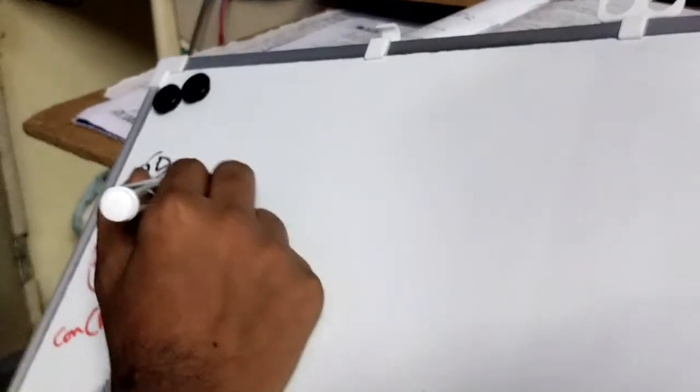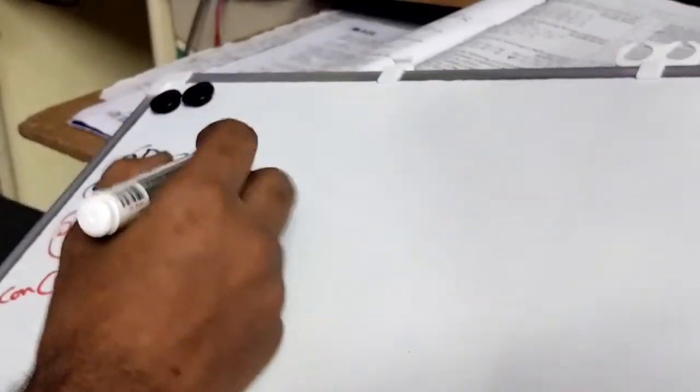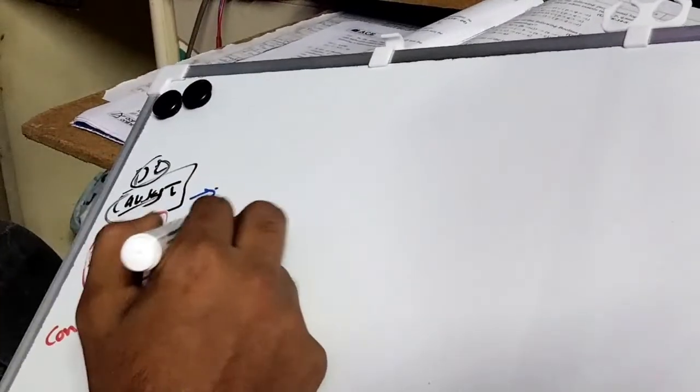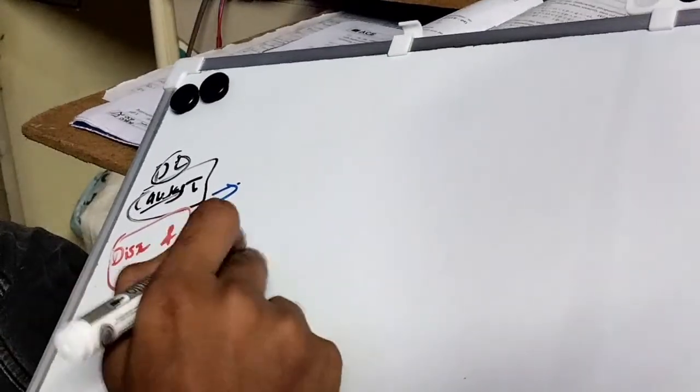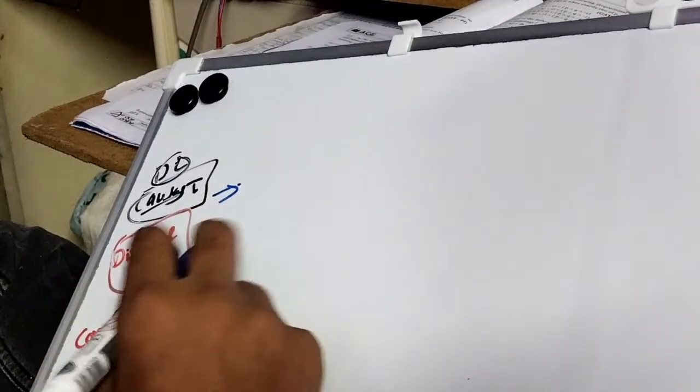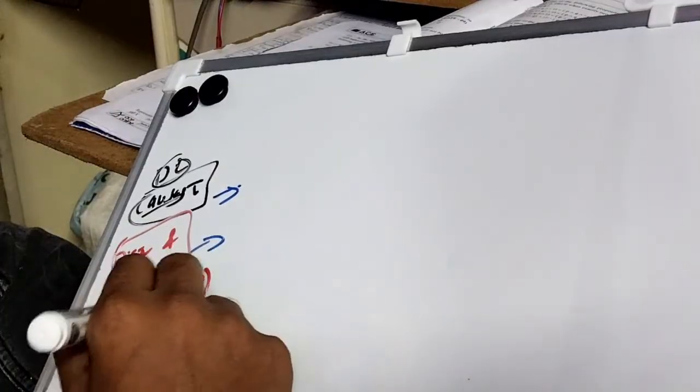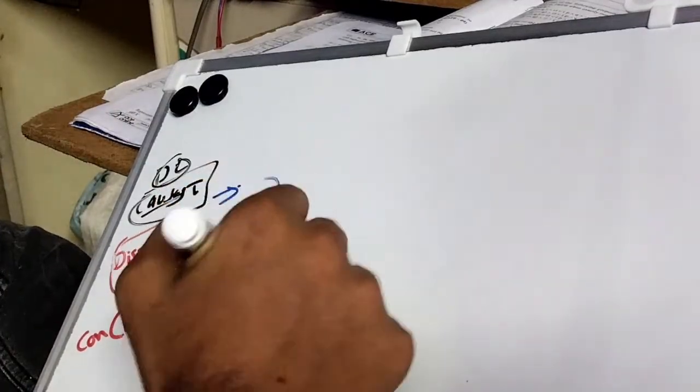I noted down here, I will go through Cauchy's theorem, and distinction and conjunction. I have confusion between distinction and conjunction. Then I will see how POS is converted to SOP and SOP is converted to POS. These three topics.